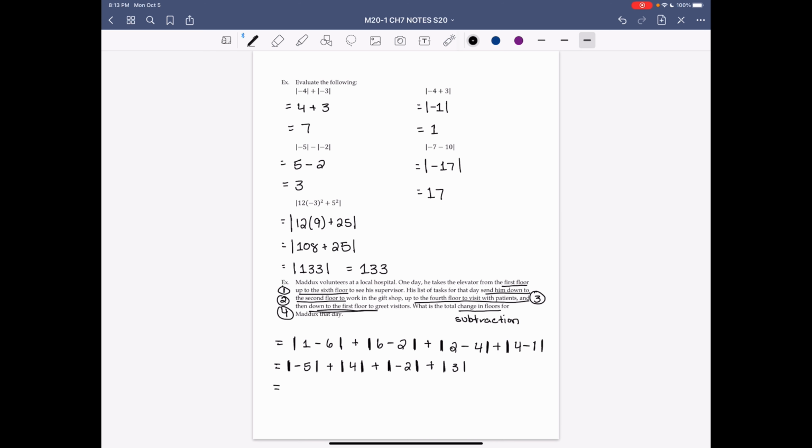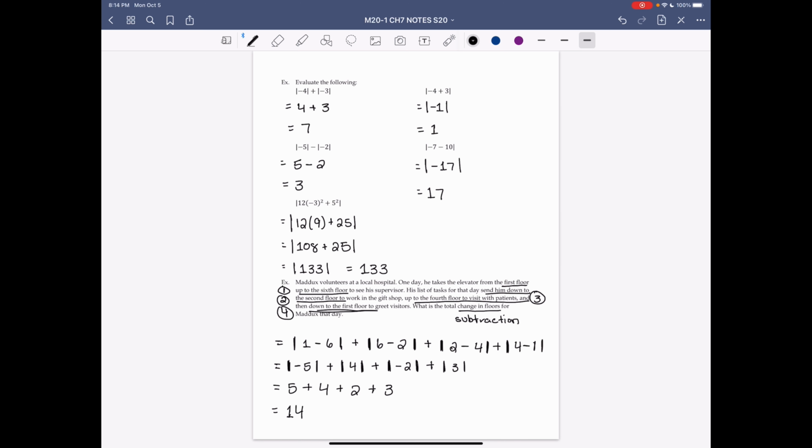Now we can evaluate each absolute value. Absolute value of -5 is 5, plus absolute value of 4 is 4, plus absolute value of -2 is 2, plus absolute value of 3 is 3. And then we can add them together. 5 plus 4 is 9, plus 2 is 11, plus 3 is 14.